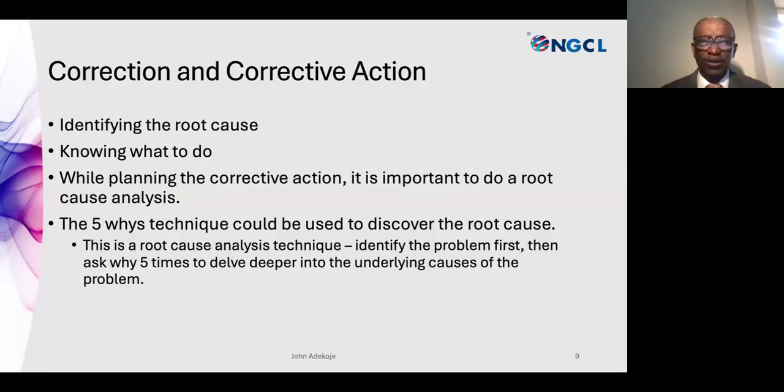And what do we mean by root cause analysis? By looking at what led to that failure. After all efforts are put in place, why this failure again? Then you start brainstorming and looking at it. The 5 whys technique could be used to discover the root cause. How does the 5 whys work? We just continue to ask why. Why did this happen? Why should this be? After identifying the problem, you start asking why, and you write down the answers to each why.